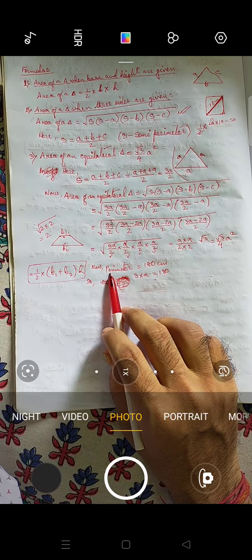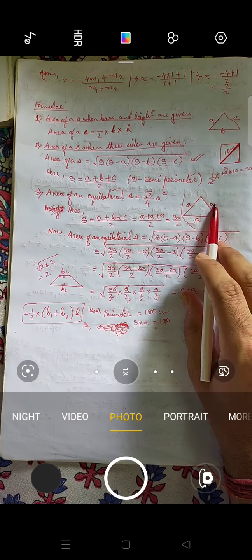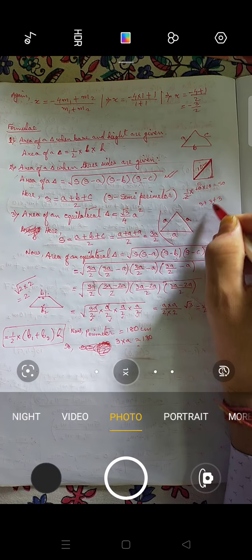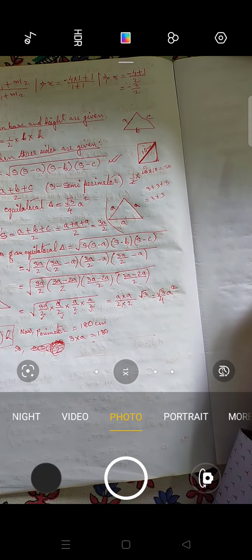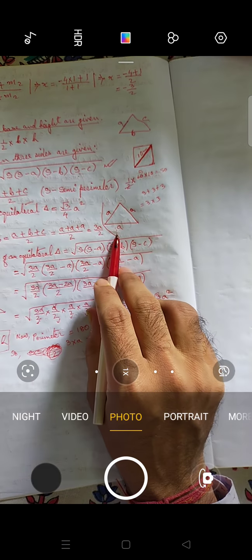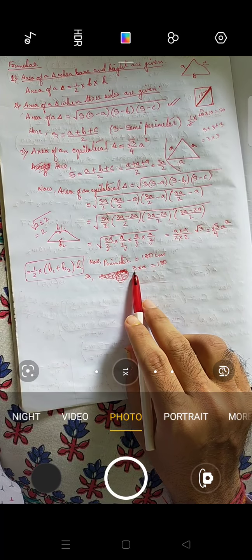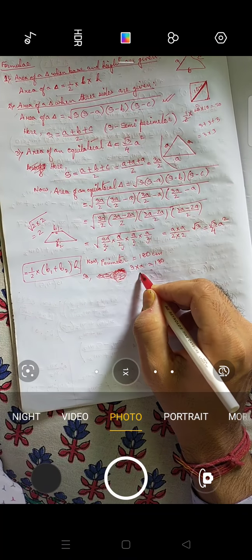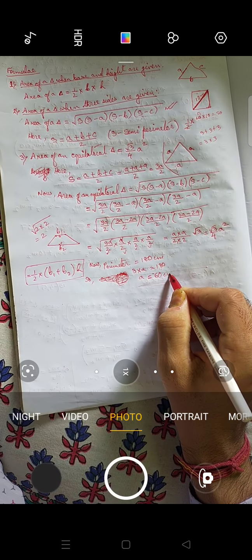It was an equilateral triangle, so all sides are the same. 3 plus 3 plus 3 can also be written as 3 into 3. Similarly, all sides were the same, that means the perimeter of an equilateral triangle equals 3a. So 3 into a equals 180, a is equal to directly you can write 60. Any problem?